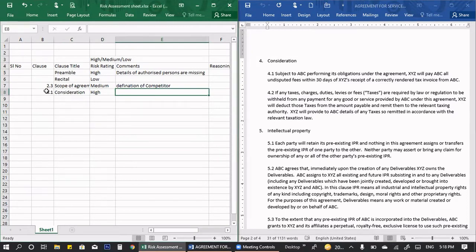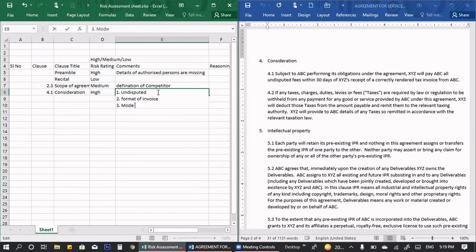So here, the first thing that has to be asked is "undisputed". How are you going to tell that a particular thing is disputed or not? The second one I'm going to mention is the format of invoice. What format has to be given, and do they have any standard template, or does it have to be with supporting documents, or in what mode?